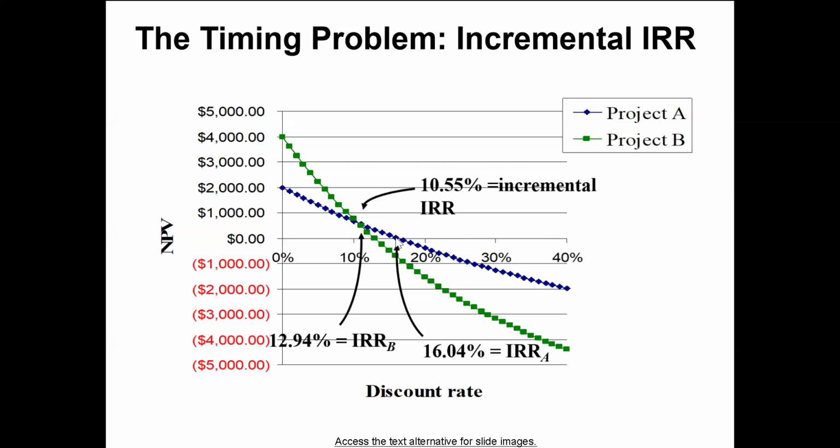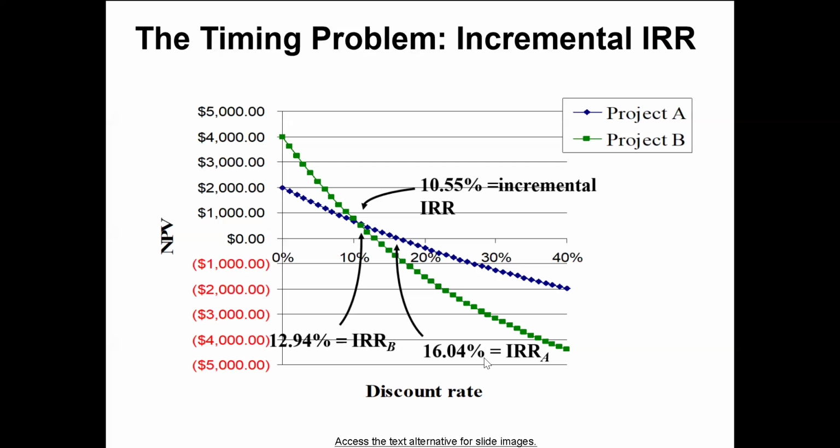It intercepts the x-axis at 16.04%, and project B intercepts the x-axis at 12.94% IRR. So these IRR numbers we already calculated.